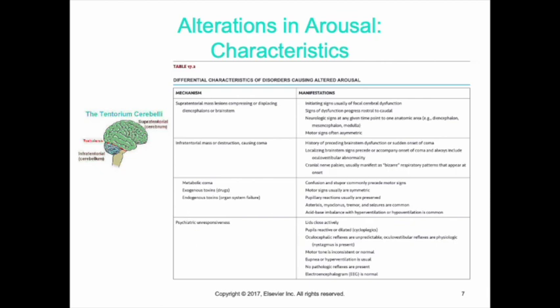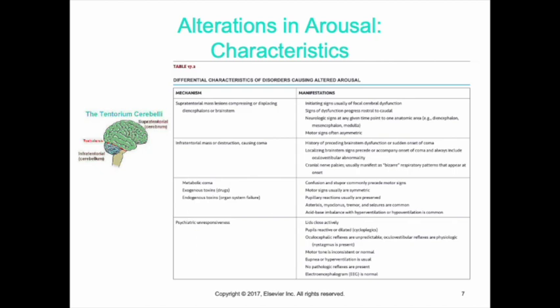And so when you're using this chart, you can see the differential characteristics of the disorders based on what you're seeing manifesting in your patient, the clinical manifestations. And then you might be able to deduce what mechanisms are causing it. So if there are things like motor signs that are abnormal, you might think it's some type of metabolic coma, drugs, organ system failure.